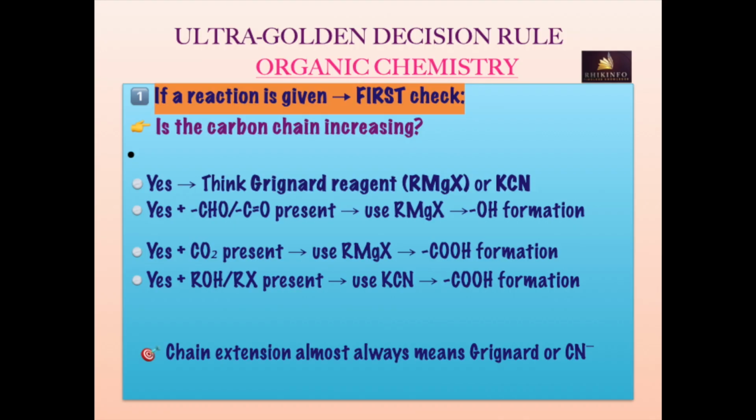Hack number 1. If a reaction is given, first check: is the carbon chain increasing? If yes, immediately think of Grignard reagent or potassium cyanide. Grignard reagent with aldehyde or ketone gives alcohol with an increased carbon chain, and with carbon dioxide gives carboxylic acid. Cyanide forms carboxylic acid after hydrolysis.